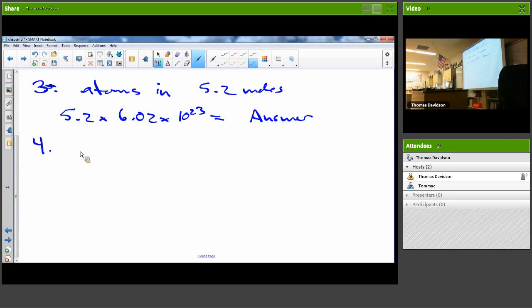Okay, this number 4-ish, I give you percents, and you have to find the empirical formula of something. Yep. Grams, divide by molar mass, divide by smallest number, then you have your formula.